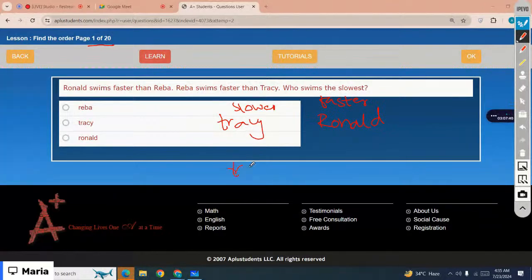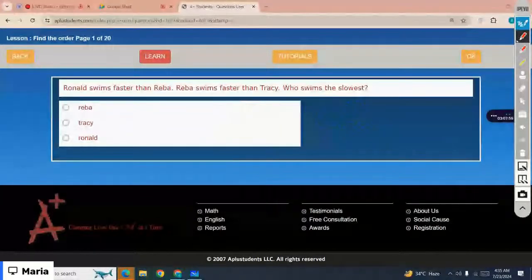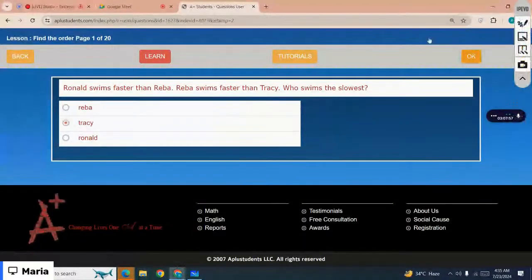That means Tracy is here, Reba is here, and Ronald is here. You just arrange them in order and you can find your answer. So that means Tracy is the one who is the slowest.